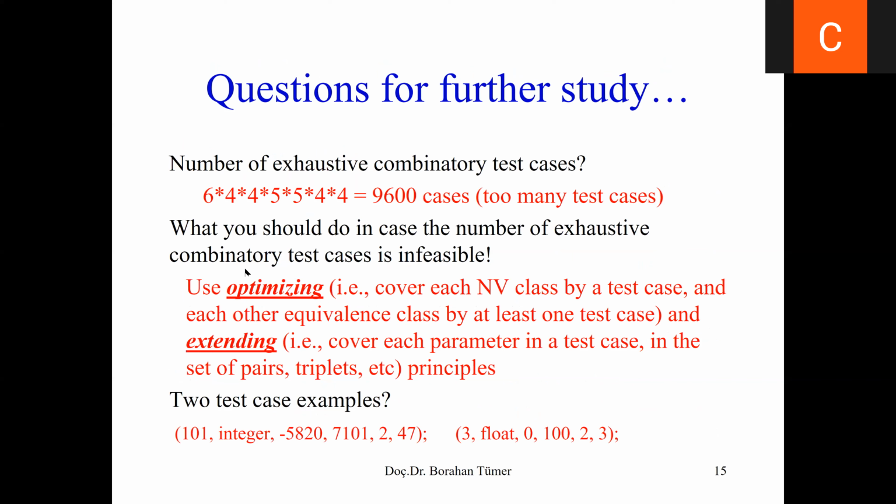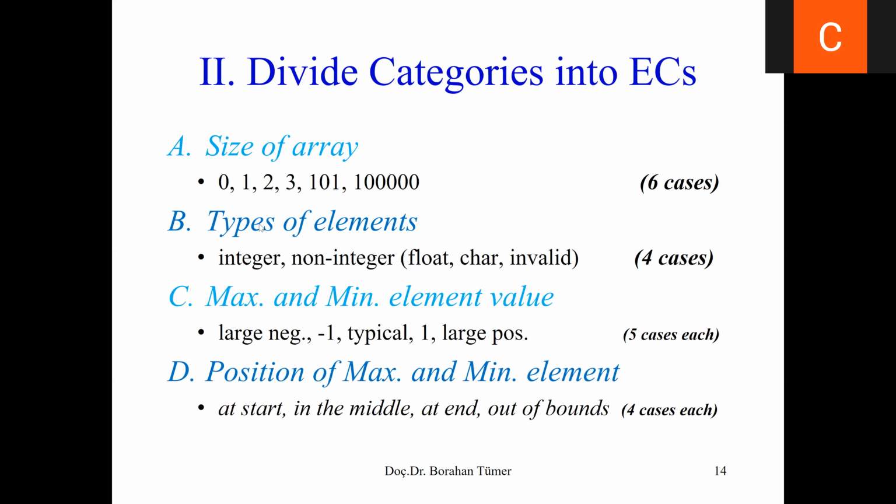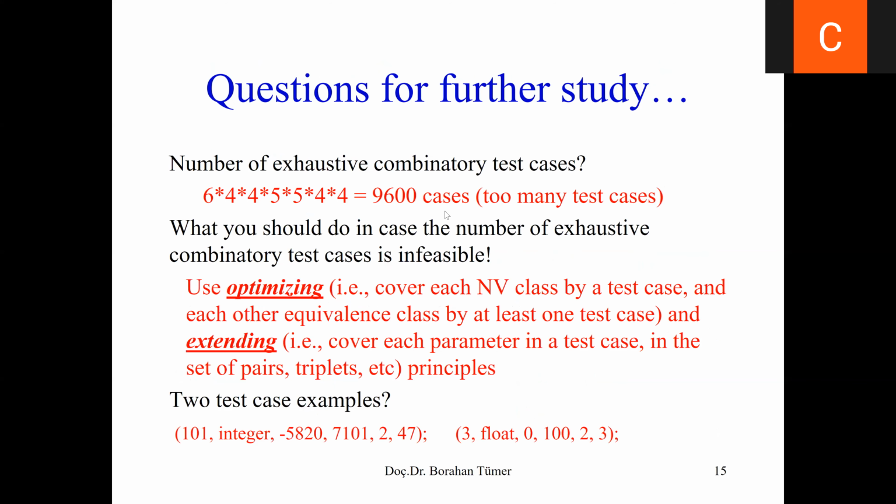And to optimize, well, these are too many, of course. So what are we going to do? We are going to optimize the number of test cases. And what does it mean?